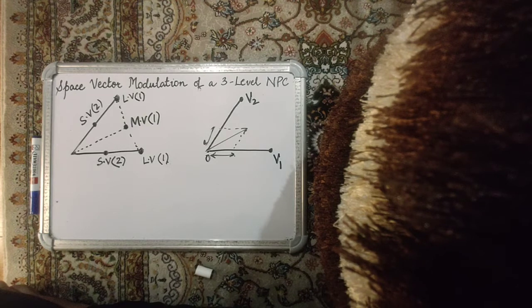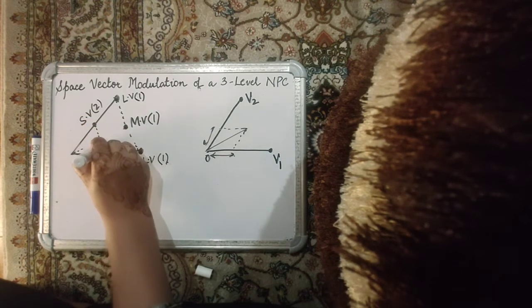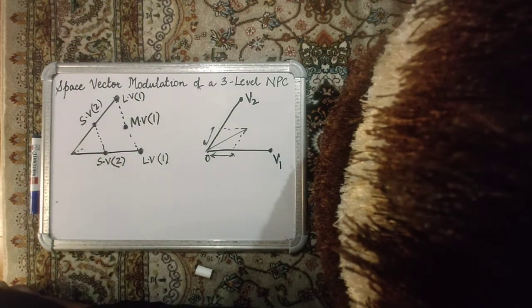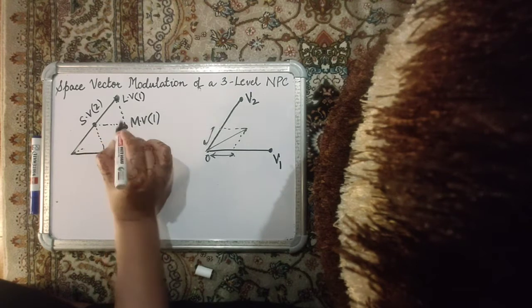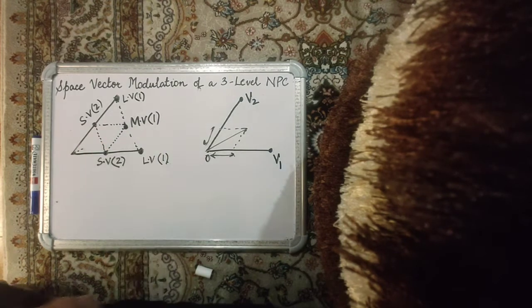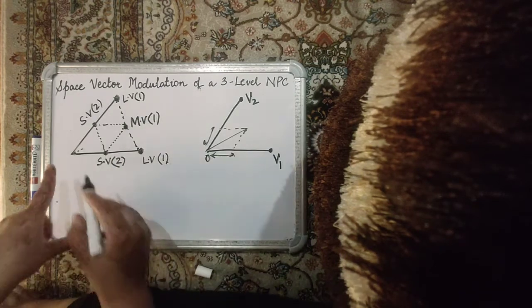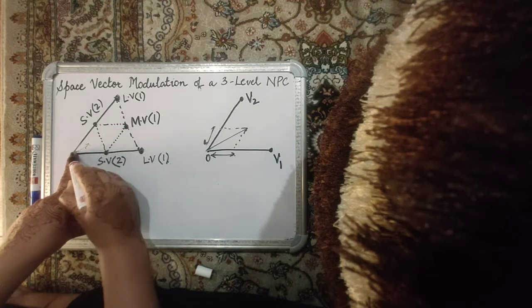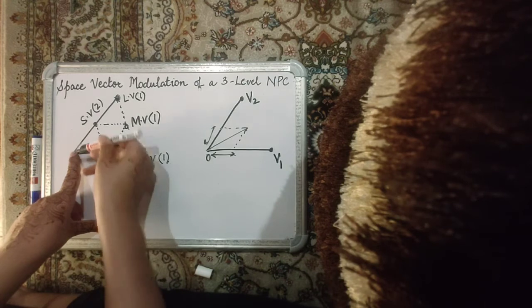Alright, so now if you observe this diagram, you will see that this one is forming your inner hexagon and this one is forming your outer hexagon. And if you connect the dots, then every time you have a reference space phasor, it could be of this length, it could be of this much length, or it can have any phase.